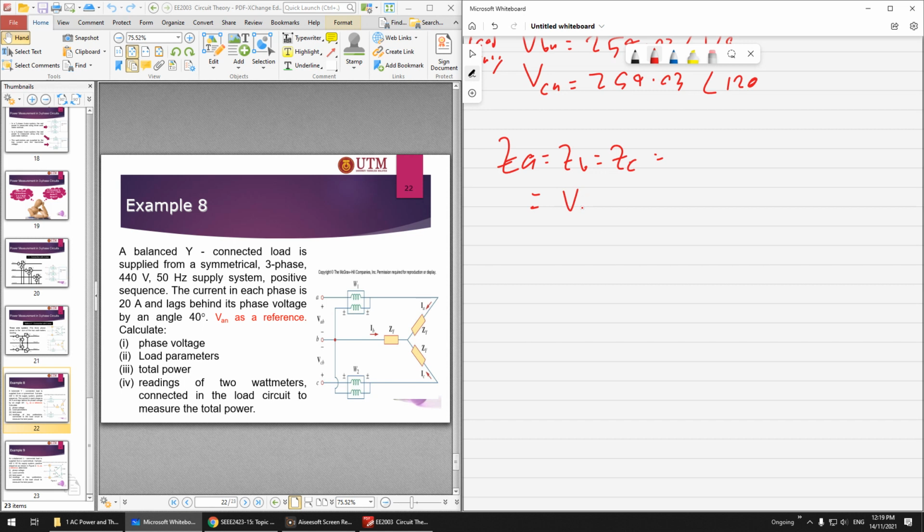I suggest you use VAN because it is the reference, easier for you to calculate, divided by IA. So VAN is 254.03 angle 0 degrees divided by 20 angle negative 40 degrees. So you get, don't forget the negative.